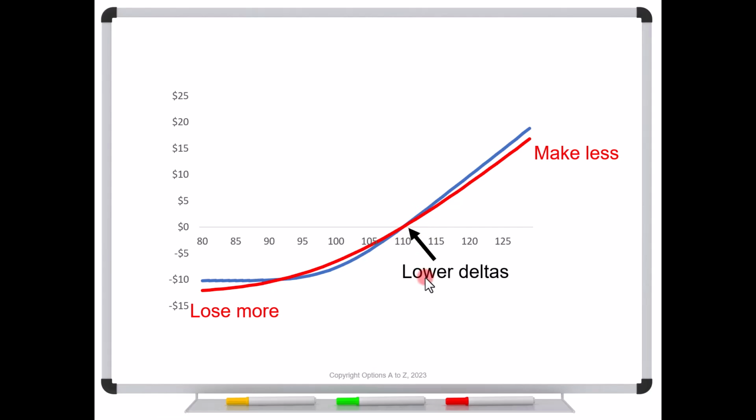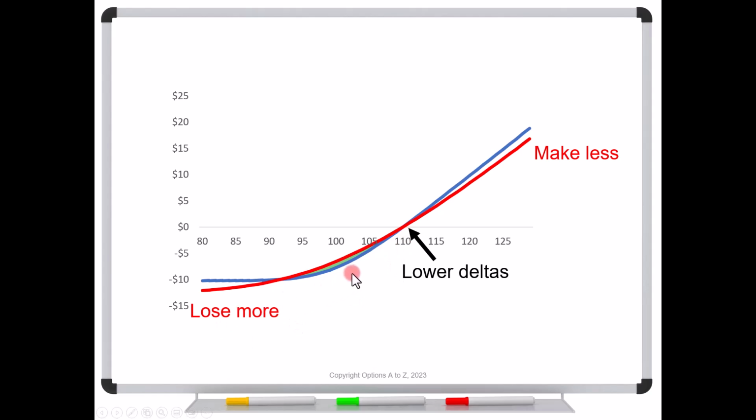Now, are there any benefits at all? Well, not many, but you could make a very small argument down here, where the red line sits above the blue, that little green sliver in there. You could say, if the stock falls, I'm going to lose less because I have lower deltas. Well, that's true, but you could also reduce your deltas by rolling the call up and getting cash off the table rather than putting more money into it and potentially losing more.